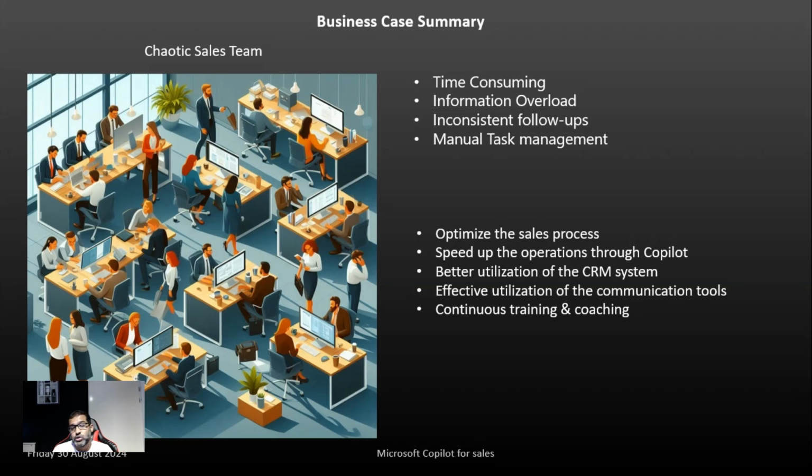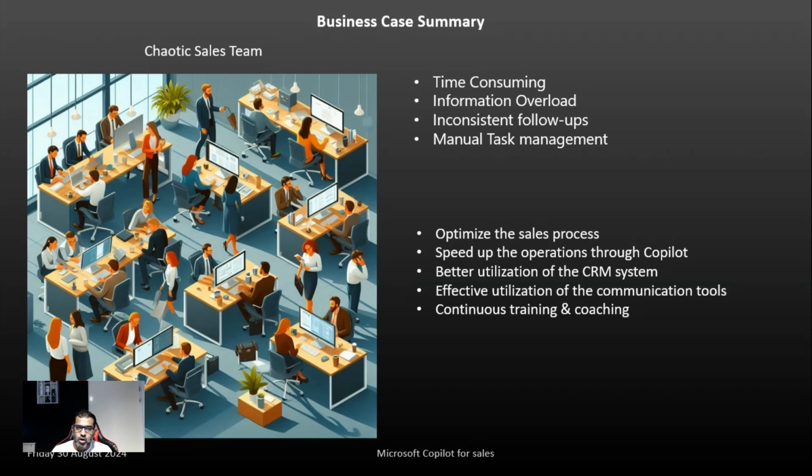As a result, you get inconsistent follow-ups with clients, which causes missed opportunities and declining customer satisfaction. Also, there is a lot of manual task management. It's not only inefficient, but also prone to errors, which affects the overall workflow and performance.